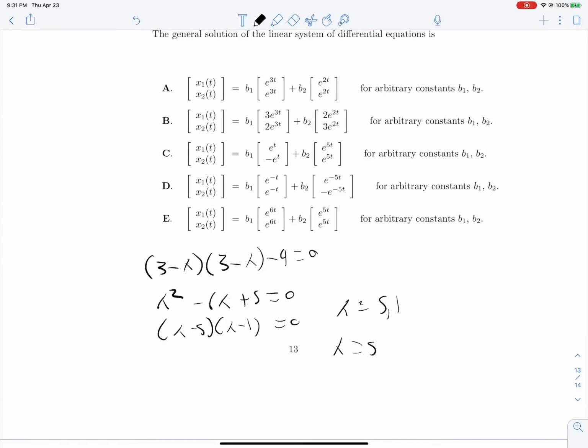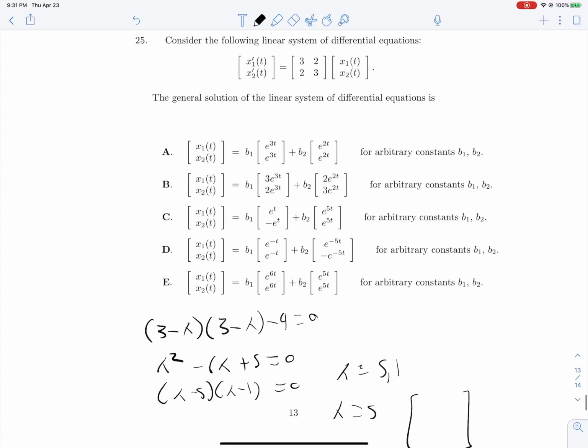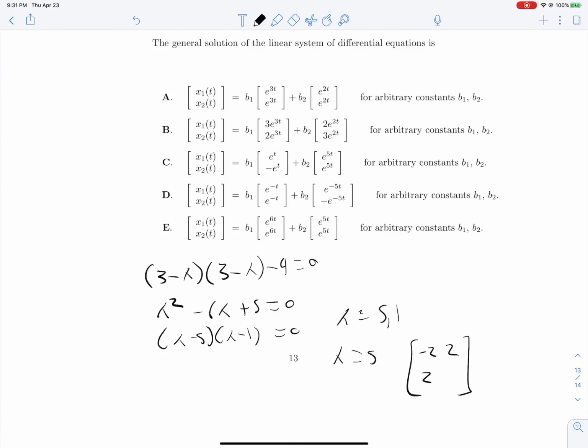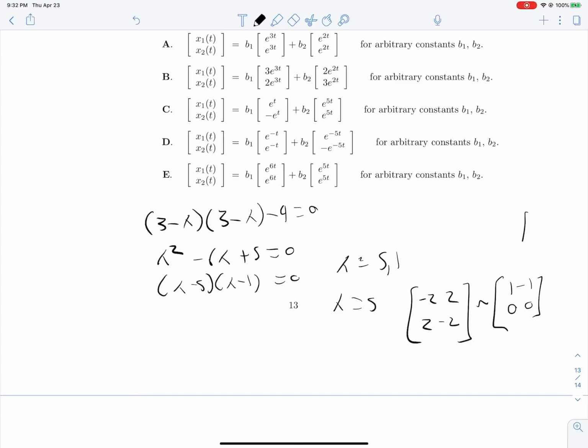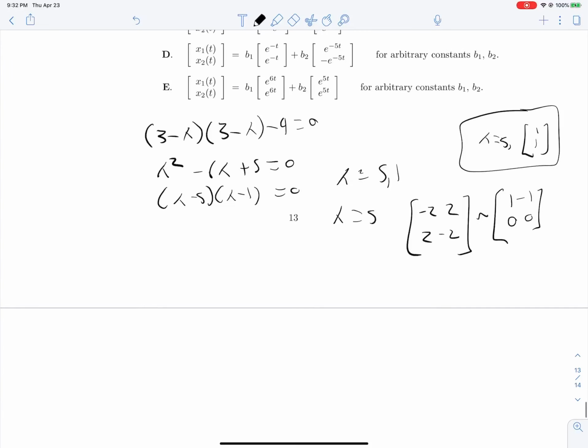For lambda equal to 5, A minus lambda I will become negative 2, 2, 2, negative 2, which simplifies down to 1, negative 1, 0, 0, and we'll get an eigenvector of 1, 1 out of that. So for lambda equals 5, we get that eigenvalue pair. For lambda equals 1, A minus lambda I becomes 2, 2, 2, 2, simplifying down to 1, 1, 0, 0.